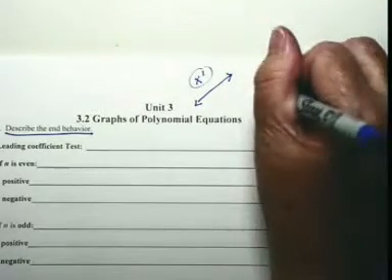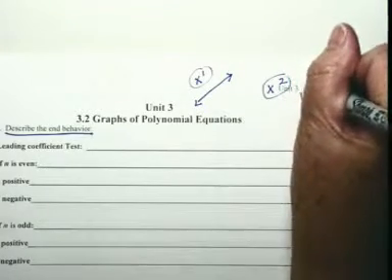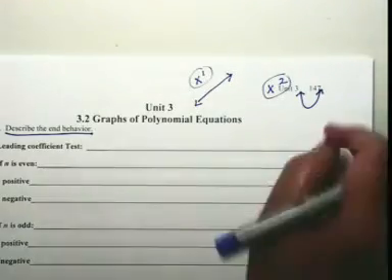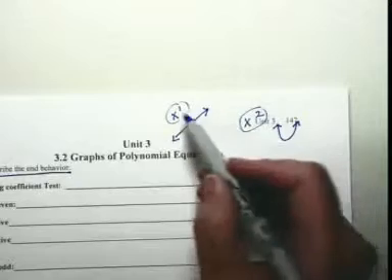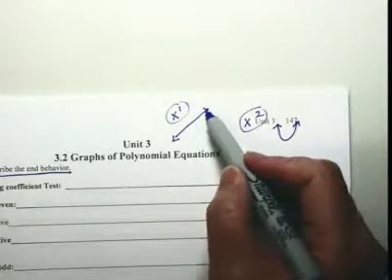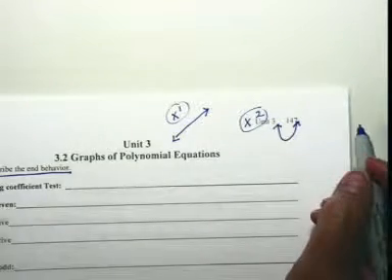We also want to think about what happened when we graphed x squared. We had a parabola and both ends pointed up. So x to the 1st had right end up, left end down. X squared had both ends up.